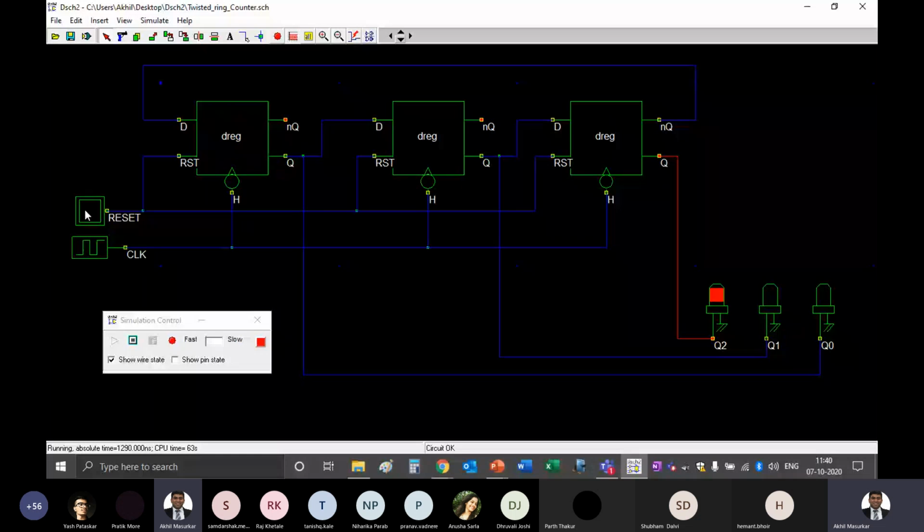So this is called a twisted ring counter or a Johnson counter. Even this kind of lighting is used in the runways. So slowly one light blinks, then the entire line is on at one point of time, and then again the light starts dimming from one end.